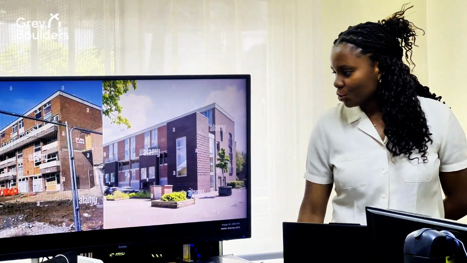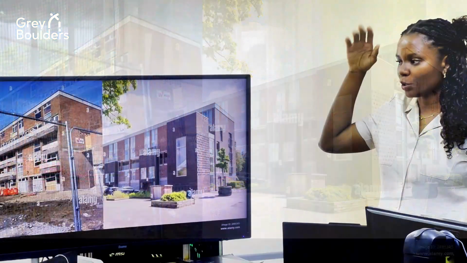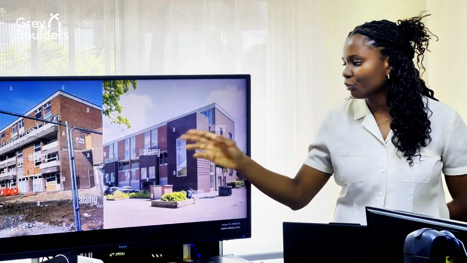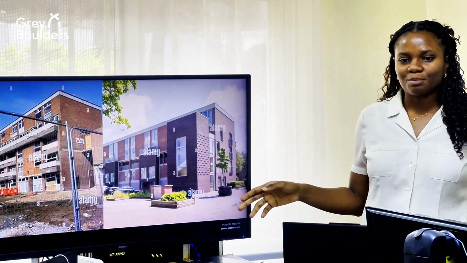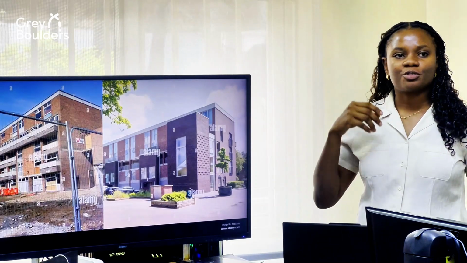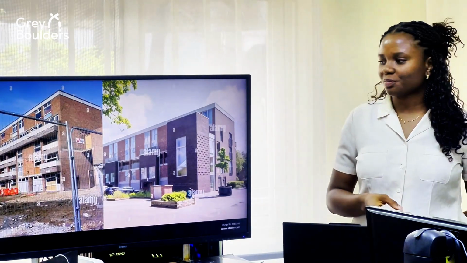Okay. I put together some slides for you to understand what we were talking about, different kinds of reform. From this picture, can you tell what kind of reform this is? Whether it is adaptive reuse, complete overhaul, or restoration and extension.